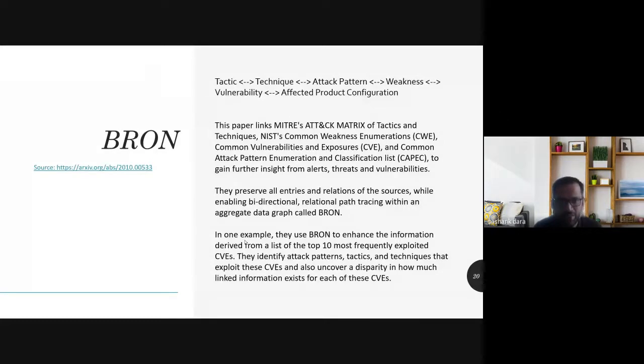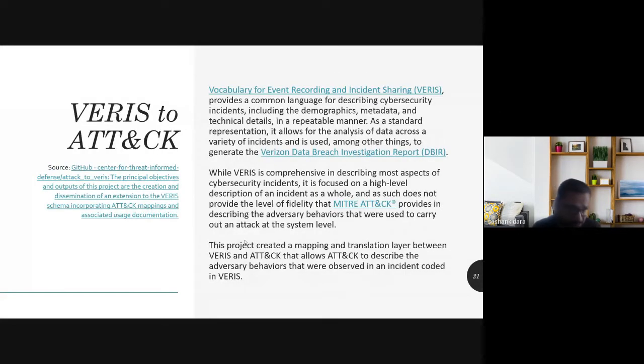Okay, so there is another interesting paper that's recently been posted by the Center for Threat Informed Defense. They took ATT&CK and tried to come up with ML techniques to map it to various databases. One of the most comprehensive ways of describing cybersecurity incidents that have already happened is VERIS, the vocabulary for event recording and incident sharing.